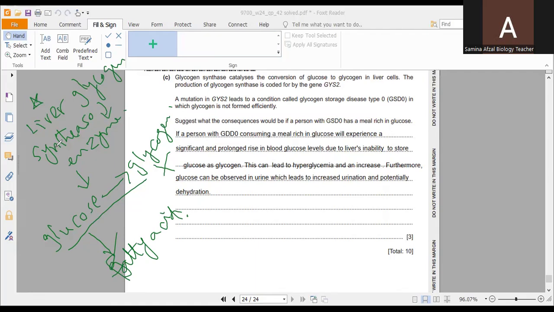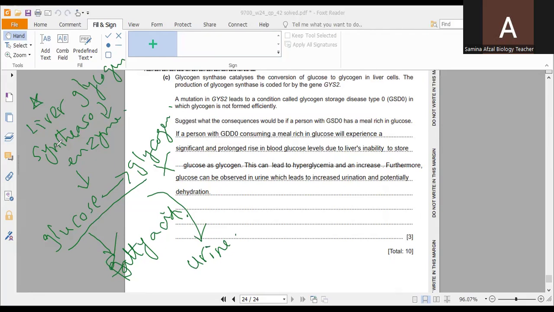The second is that more glucose will be secreted in the urine, because if blood glucose level becomes very high, it can overwhelm the kidney's ability to reabsorb the glucose, leading to glucose in the urine.